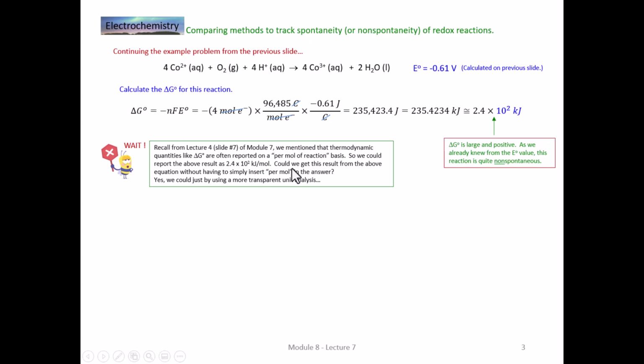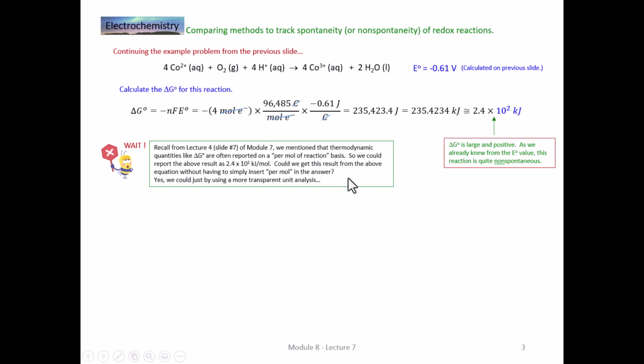And you might ask, could we get this result from the above equation without having to simply insert per mole in the answer? In other words, can we get it per mole to fall out when we cancel out units and not just add it at the end?